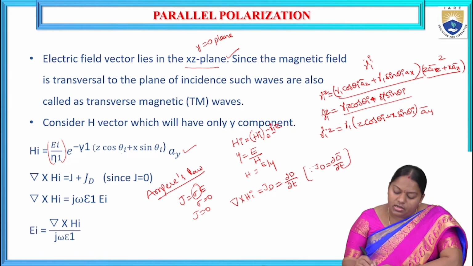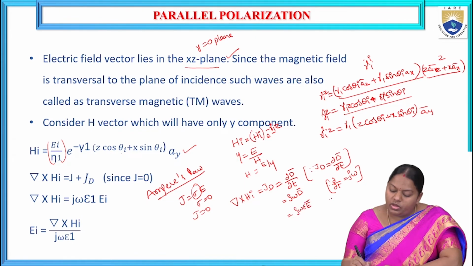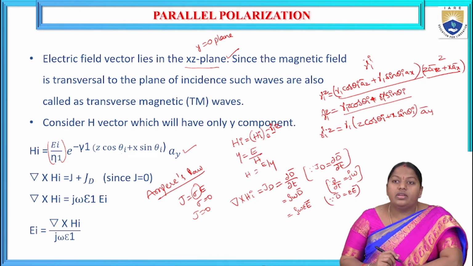Now for time varying fields, the partial derivative with respect to time is replaced by j omega, so j omega into D bar is to be substituted, which is equal to j omega epsilon into E bar. Why? Because electric flux density D and electric field intensity E are related as D equal to epsilon into E, where D is a vector and E is also a vector.